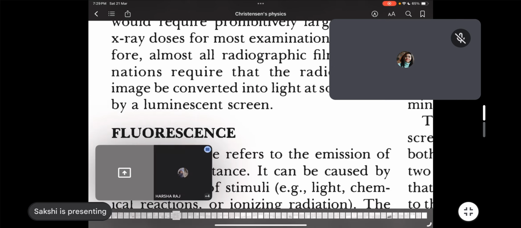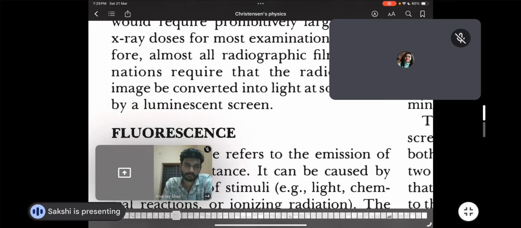Photogen level phosphor. So I'll give you radiation and then you will give me what? Light. So I will give you radiation and Harsha will give me light, right?